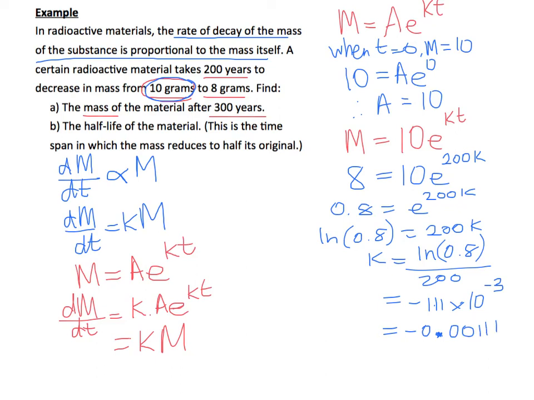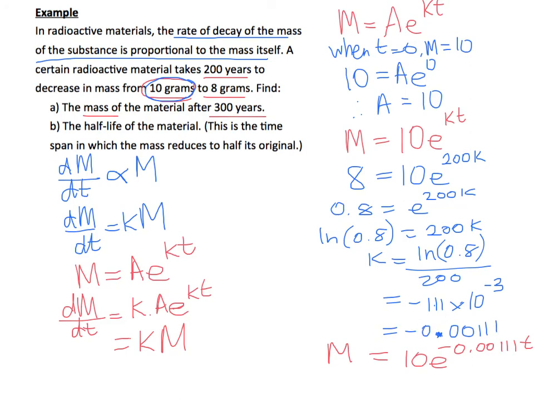Okay, so moving the decimal point, negative 3 is 1, 2, 3. There it is. So there's our value for k. So our equation for m then becomes 10 e to the negative 0.00111 t. And remember, I'd like you to store this number that you get for k in your A memory.